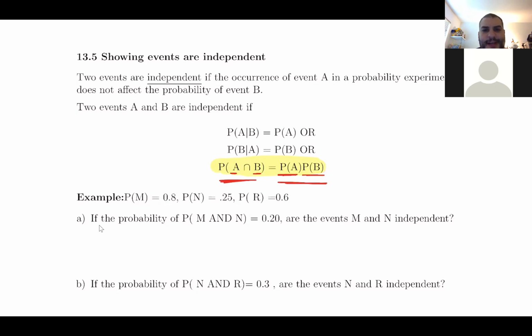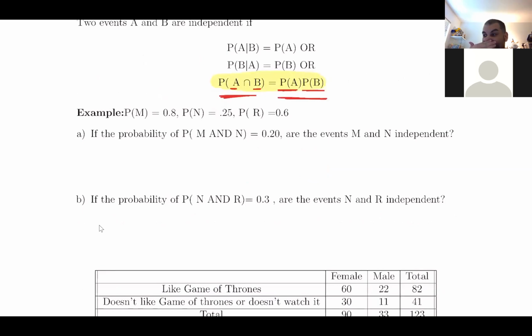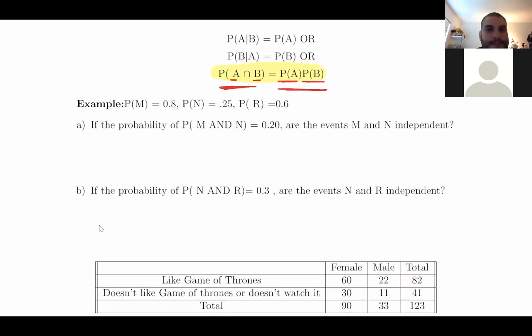Any question in regard to that so far? All righty then. Let's do this very first problem. It says probability of M is equal to 0.8, probability of N is equal to 0.25, probability of R is equal to 0.6. That's information they already gave us.